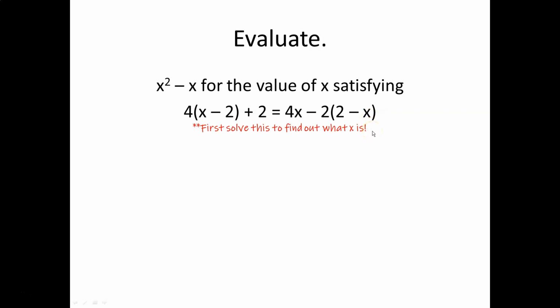So, how are we going to do that? Well, we're going to distribute. We got some numbers touching parentheses. You're going to want to remember that this is a negative 2 times the 2 minus x. Now we've got some like terms on either side of the equation, so let's clean that up.